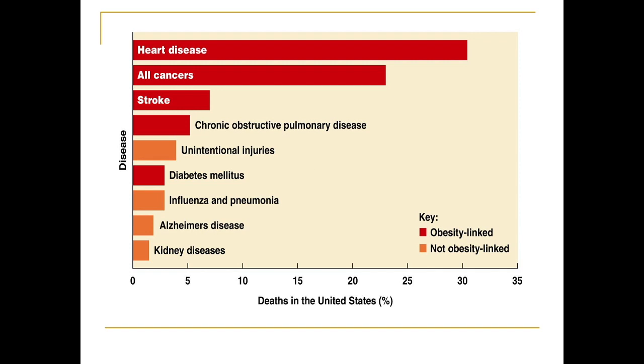And obesity is a major health concern because it increases your risk for heart disease, cancer, stroke, chronic obstructive pulmonary disease, and diabetes. You notice here the percentage of deaths in the United States linked to one of these factors is incredibly high for obesity-linked conditions.